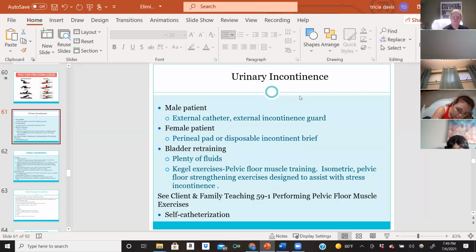All right, so in the male patient, sometimes we can do an external catheter or an external incontinence guard. In the hospital, if we have patients who have incontinence, the thing that we're worried about is what? Skin integrity. Yes, skin integrity, skin breakdown. We do not have to go right away and say, oh, my patient needs a Foley because his skin's broken down.